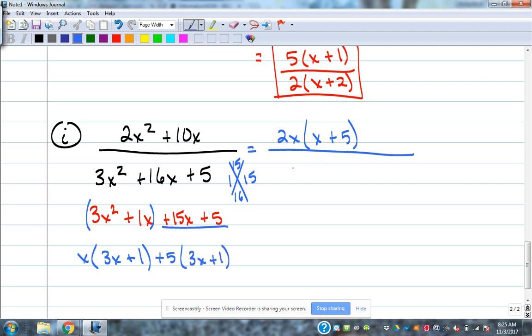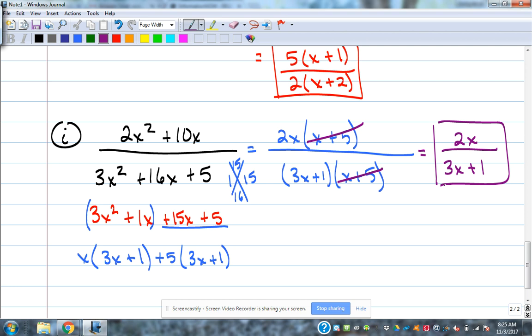So my factors are 3x plus 1 and x plus 5. Works out kind of handy because what cancels? Yeah, the x plus 5s cancel, leaving us 2x on the top and 3x plus 1 in the denominator.